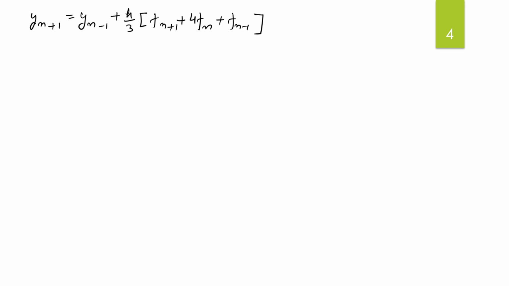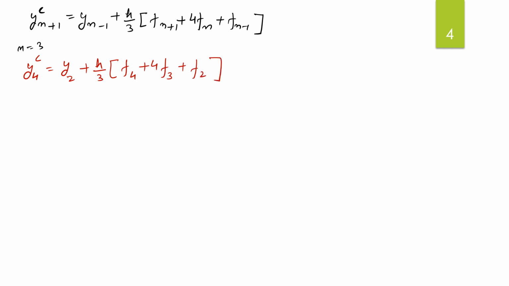I am writing the subscript c for the corrected value of y, and n is equal to 3. We will have y4c is equal to y2 plus h by 3 into f4 plus 4 f3 plus f2.